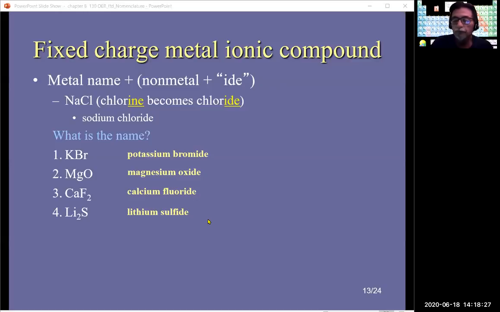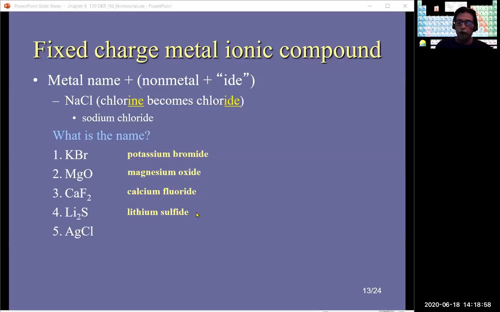When we get to the covalent compounds, and only for covalent compounds, we'll be doing prefixes like carbon dioxide, carbon monoxide. But for all ionic compounds, just put this in long-term memory, do not use the prefixes of di, tri, quad, whatever, penta. We will get to those prefixes. So no prefixes.